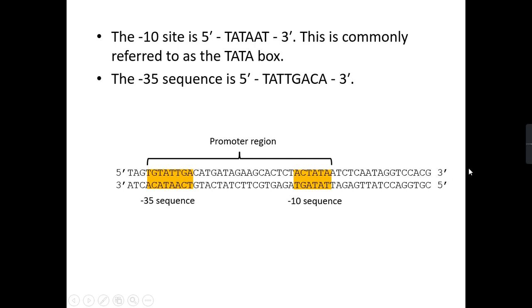This side is the downstream. From this side coming towards the 3' end is the downstream, and from this side upwards is the upstream. Downstream of transcription is always below the -10 region.